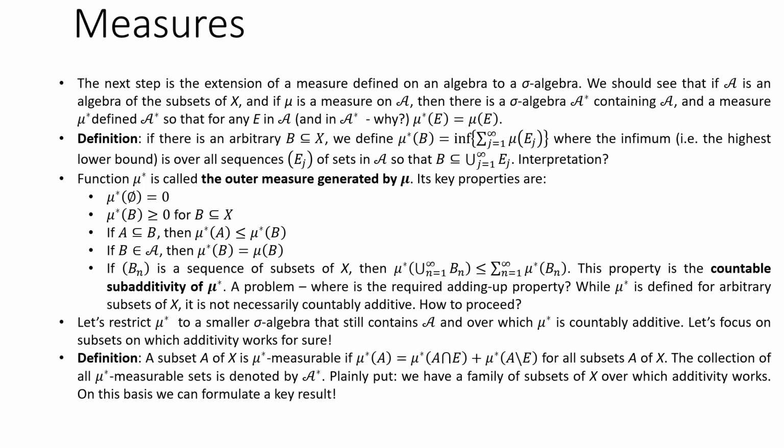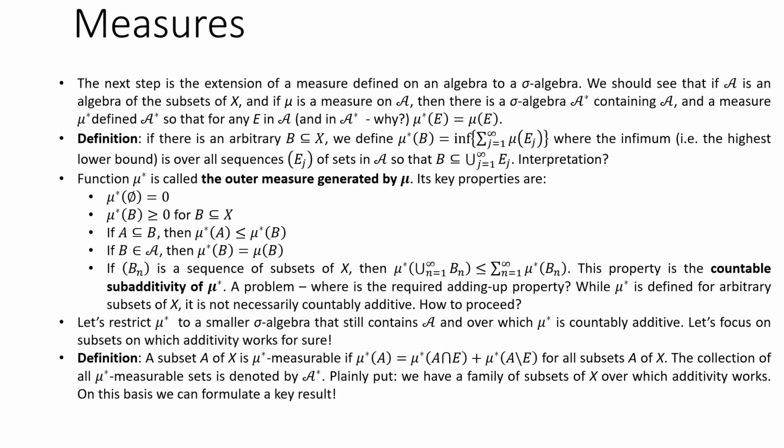So first of all, to do this, we need to define an appropriate measure on the sigma algebra. We have a measure defined on the algebra, and on this basis we want to define a measure on the sigma algebra.